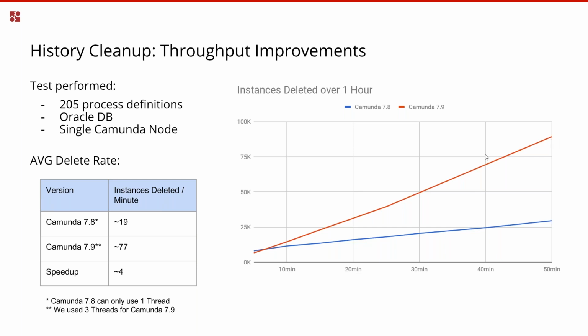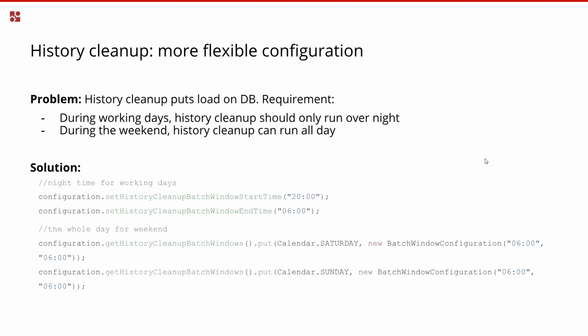What is also there with 7.9 is more powerful possibilities to configure when data is actually deleted, because of course the delete workload is going to add some stress on the database. For example, people say they only want to run this overnight, but not during business hours. That was already possible.